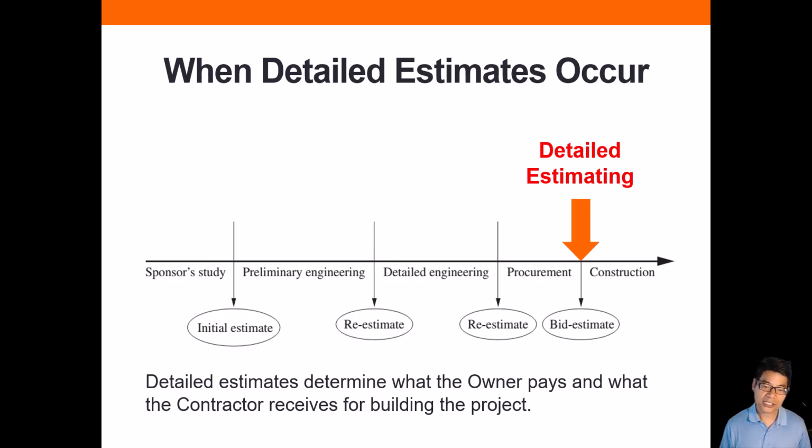The detailed cost estimates determine what the owner pays if there's no change happening on the construction project. But of course, if there are change orders, they are going to be made on top of what you have already agreed upon. So there will be some renegotiation, and change orders need to be submitted and approved by the owner.